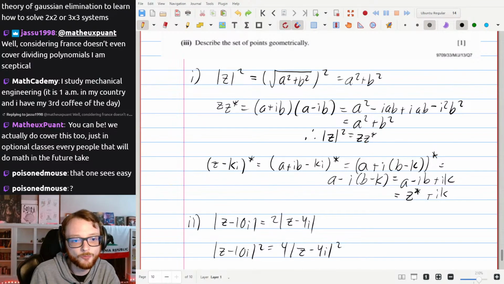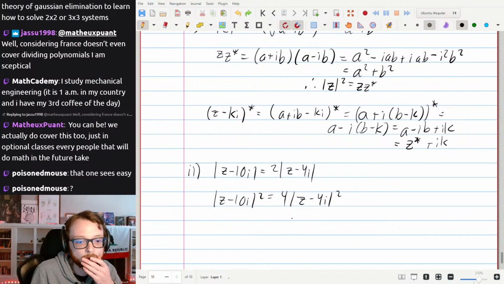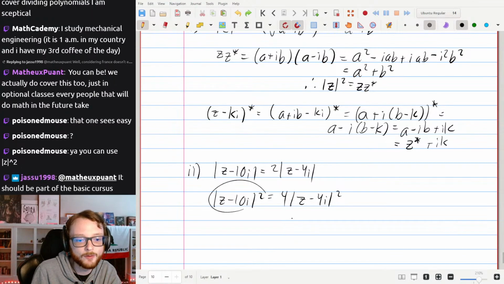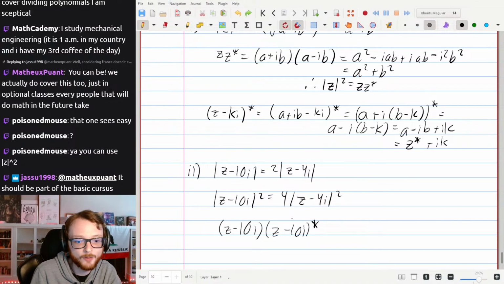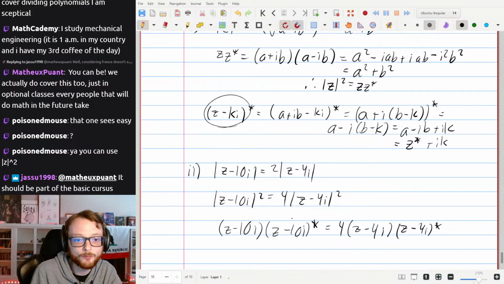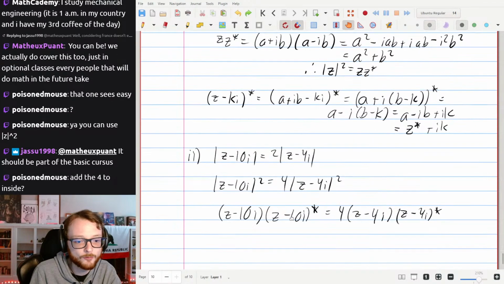So let's make it a z times z conjugate. But in this case, we don't have just z, it's z minus 10i. So this thing modulus squared is z minus 10i times z minus 10i conjugate. But we can use property, maybe I'll do it in the second step. Let's just do one property at a time here. Okay, now we can use this property to get rid of the conjugates.